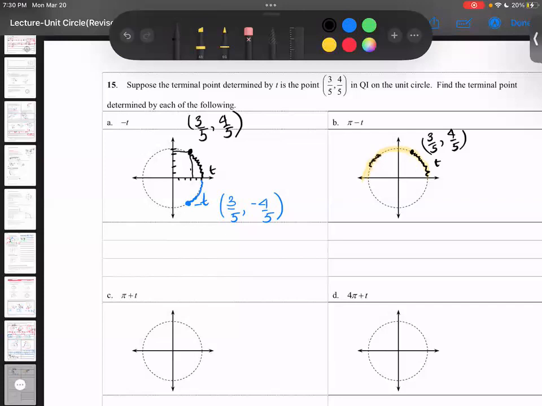So this point right here in blue, that will be pi minus t. I hope you get that. Right? So what is the point pi minus t? By symmetry, you have a negative x, because in the second quadrant, negative 3/5, positive 4/5.